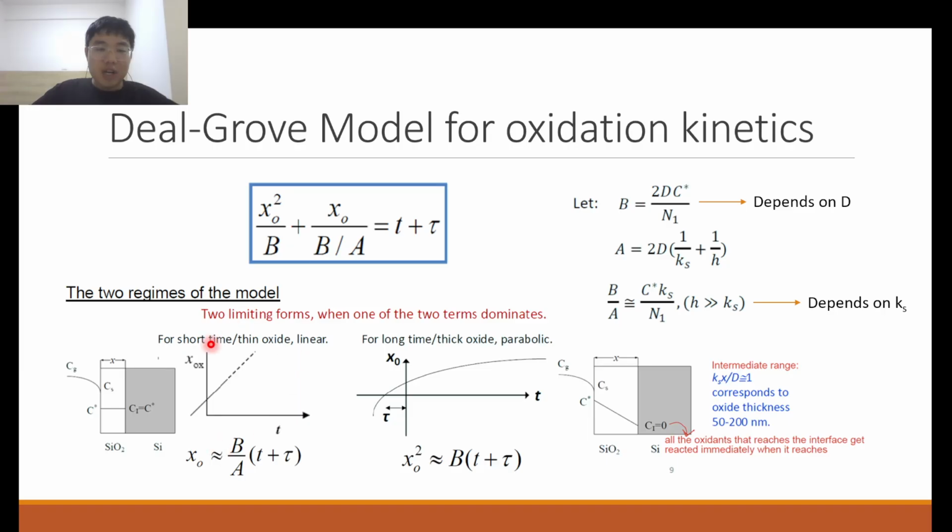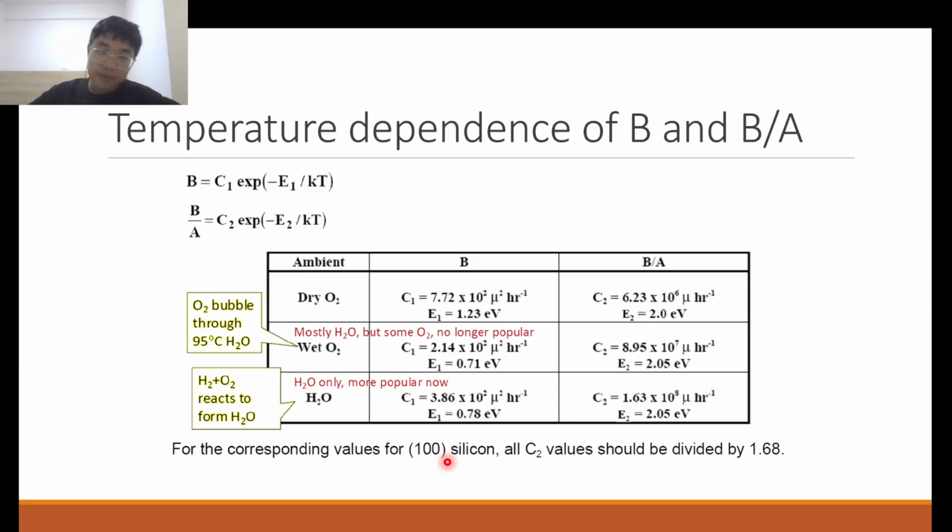The surface reaction control regime is sometimes called a linear regime, the Deal-Grove linear regime, because it's a linear relationship. And the diffusion control regime is often called the parabolic regime because it follows a kind of parabolic relationship, since there's an X squared term over here.